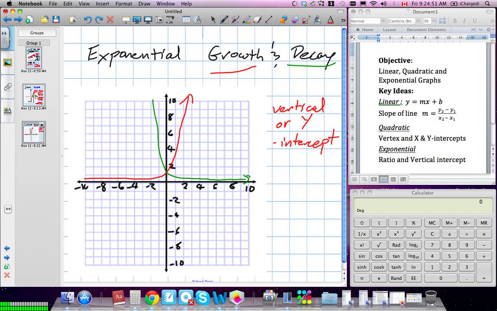Now, I have a question for you. What is the vertical or y-intercept for most of these graphs? The one that goes to 1. It's usually at 1. Okay?